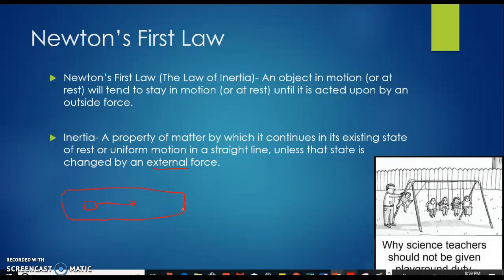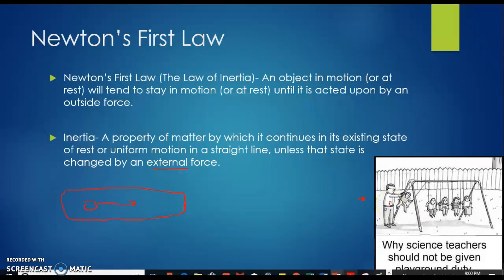But honestly, everything in this universe that I know of, I could be wrong, and I'm welcome to be wrong, but as far as I can tell, there is a force acting on everything. So Newton's first law just means that something will be in motion until it has a force acting on it. So let's look at this little example down here of this teacher and the kids here.